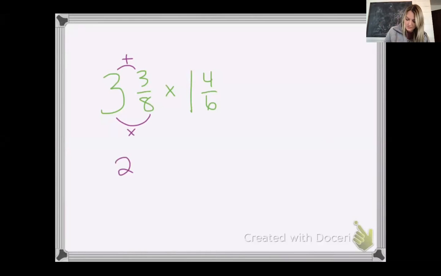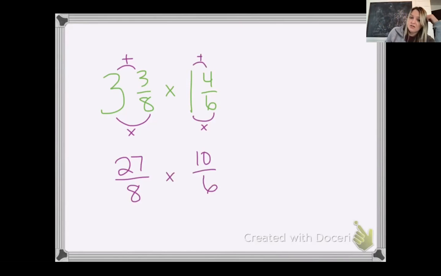So it's 27 over my denominator of 8. Now I do the same for the 1 4/6. 6 times 1 is 6, plus 4 is 10, keep it over my denominator of 6.